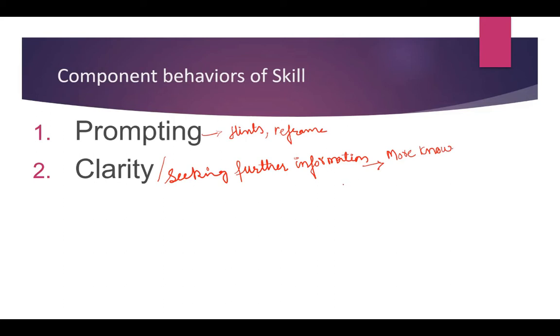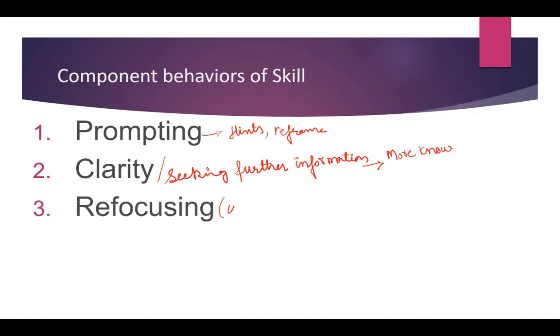You might have seen teachers asking, explain the things. For example, explain the stimulus variation, or what more do you know about the stimulus variation? Give me an example of stimulus variation. Right? So such questions are asked to seek further information or to seek clarity on the part of the students about any concept.